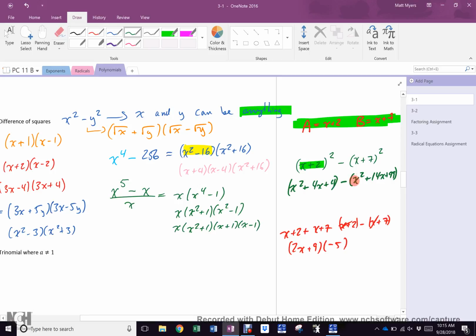X squared minus x squared is gone. 4 minus 14 is negative 10x. And 4 minus 49 is negative 45. Yes? And then you could have factored that, right? By taking out a negative 5. And then you would have had that. It's the longest way to do it, but it still works.